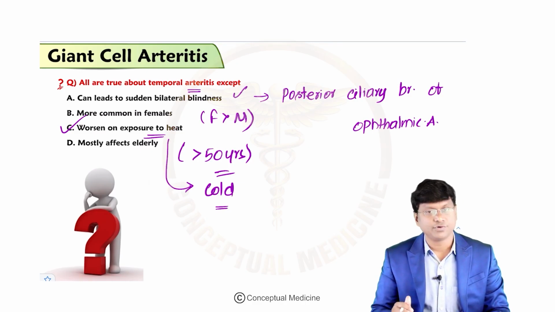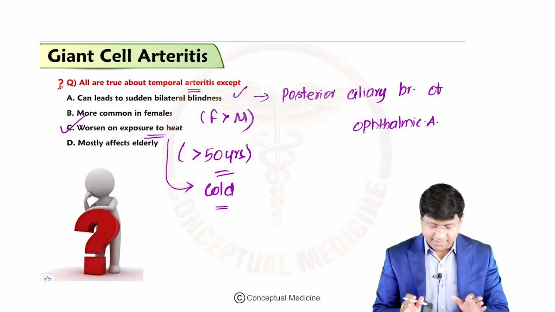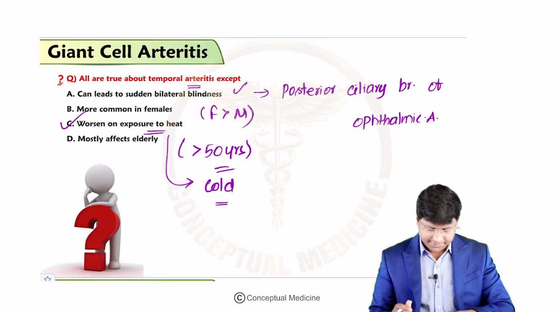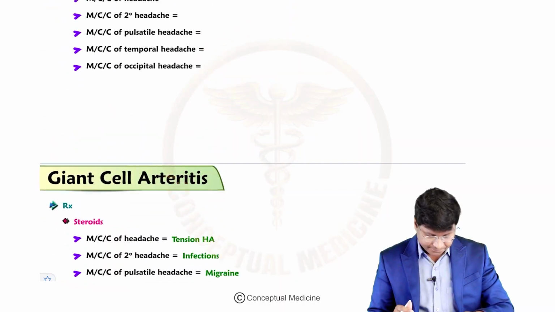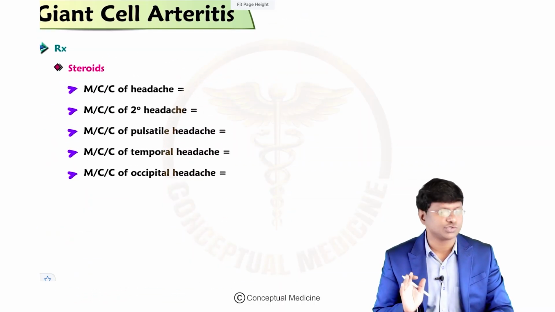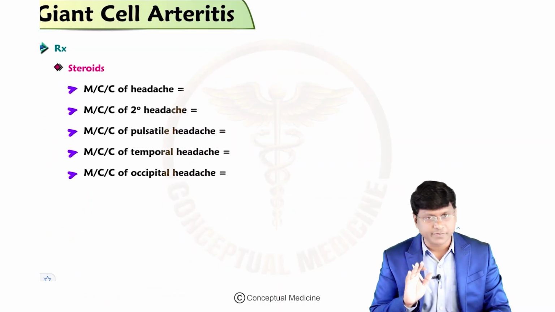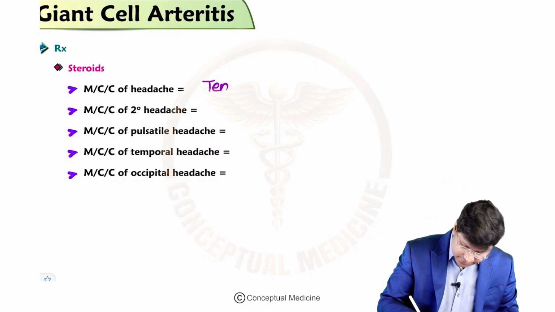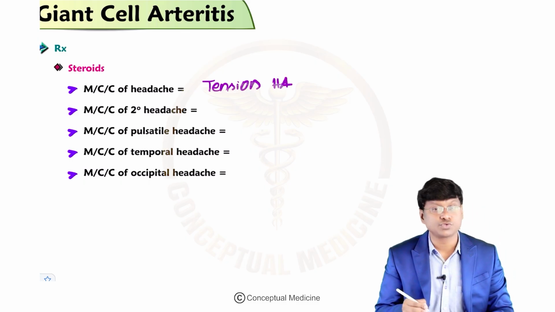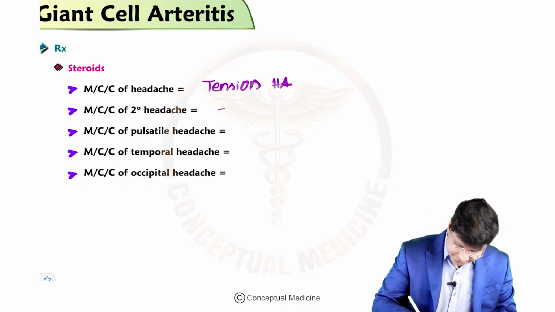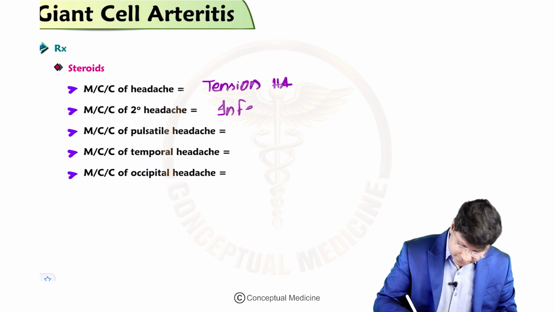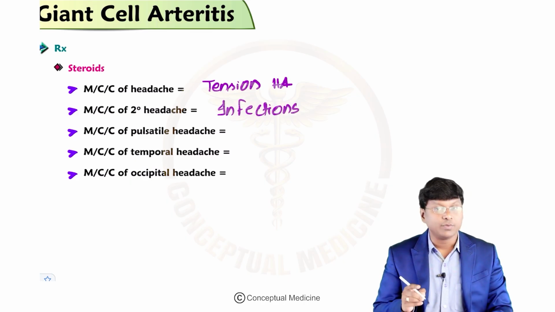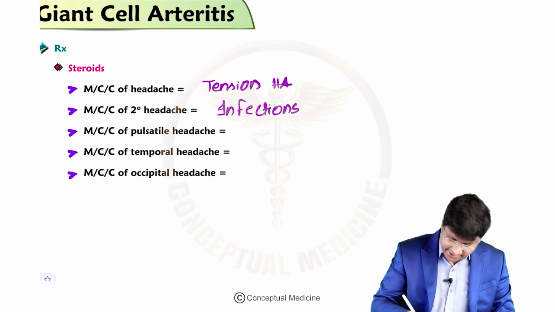Next, let me tell you about headache. Most common cause of headache, if the question is asked, the answer is tension headache. Most common cause of secondary headache? Infections. Most common cause of pulsatile headache?